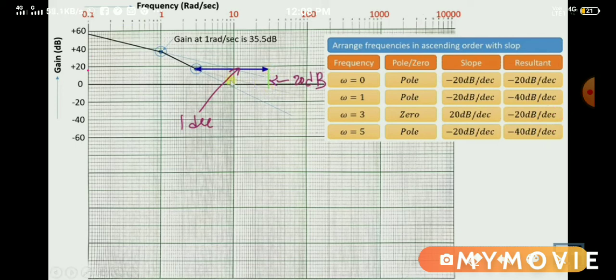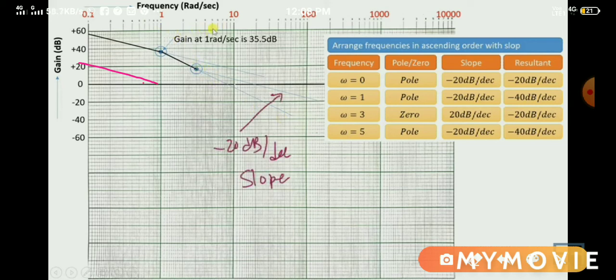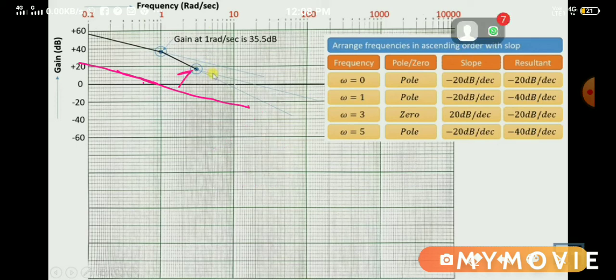Now for omega equals 3, you have minus 20 decibel per decade, right? So again keep the scale at minus 20. Then again take a parallel line till this point.